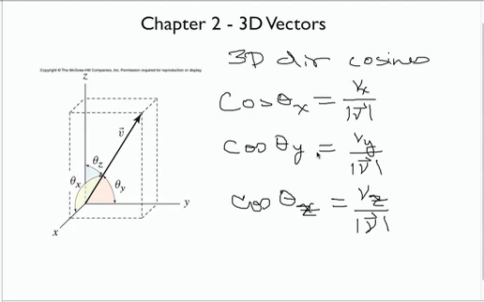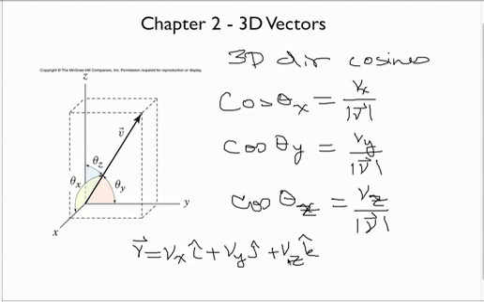We're going to have the components of each of the individual vectors divided by the magnitude of the vector. All right, and let's rewrite this. So let's rewrite our v vector: v vector equals Vx i hat plus Vy j hat plus Vz k hat.